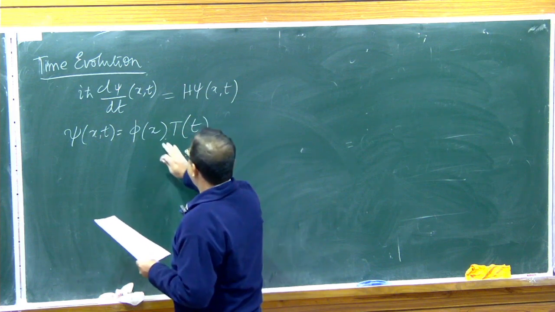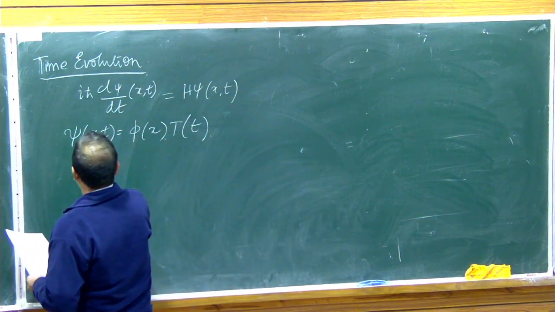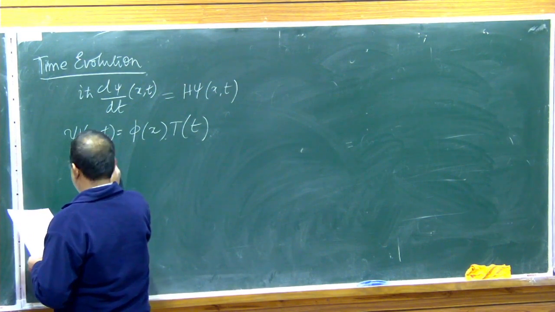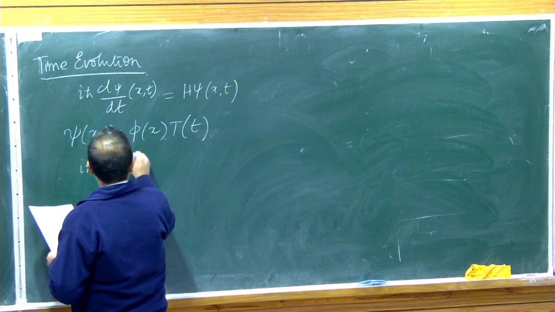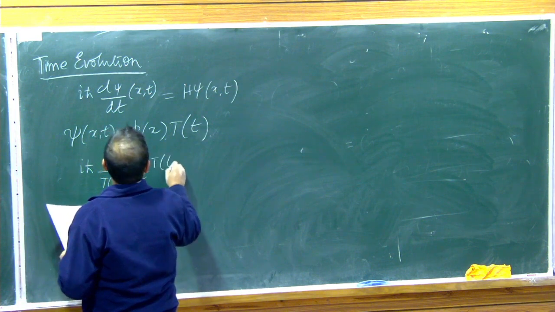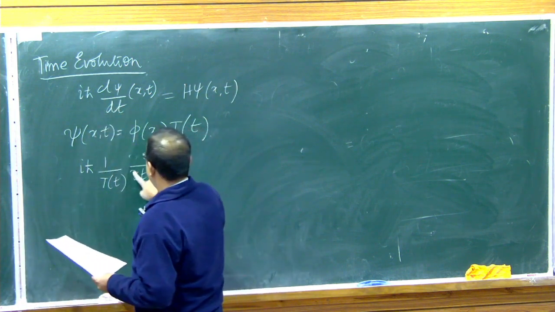Okay, so if I put it here, I get a nice equation which is 1 by i h cross, divided by T of t, times del t of T of t.